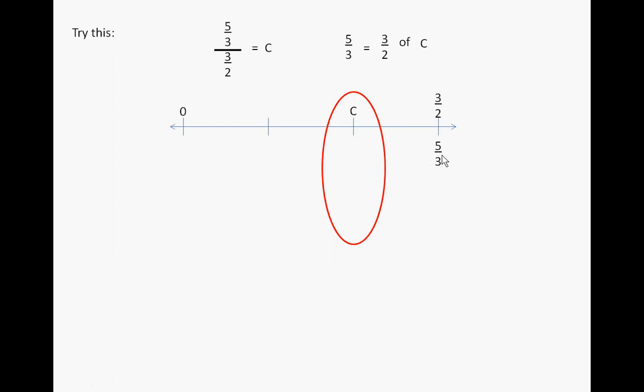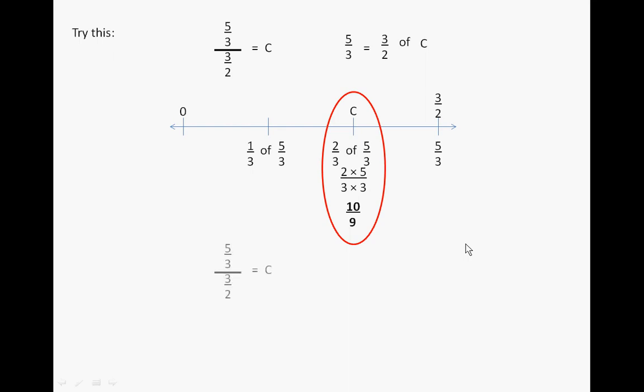So if we look at the bottom, 5/3 is split into 1, 2, 3 equal groups. So the first partition is going to be 1/3 of 5/3. The second one is going to be 2/3 of 5/3, which is 2/3 times 5/3. And our answer is 10/9.